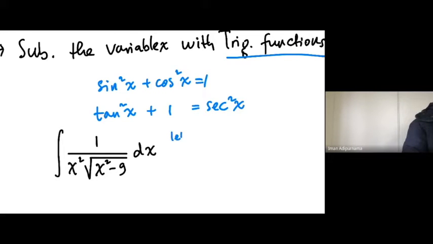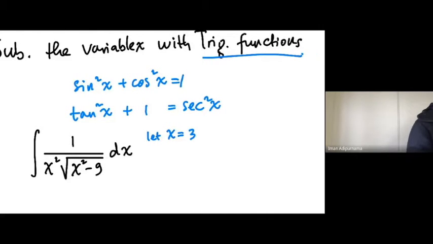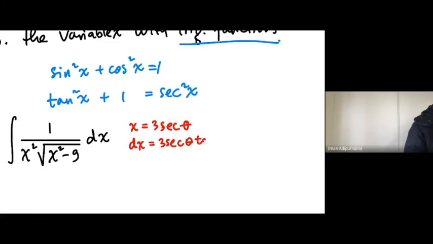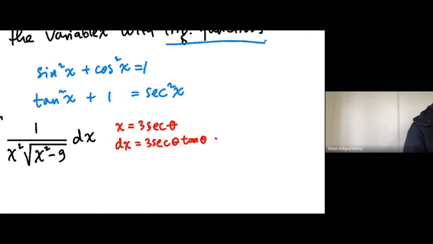Let x be 3 secant theta. And we also have dx, which is 3 secant theta tangent theta d theta. So we need to substitute x and dx.